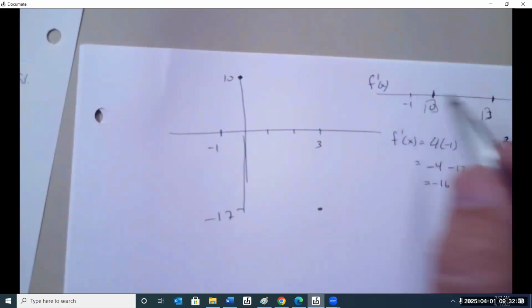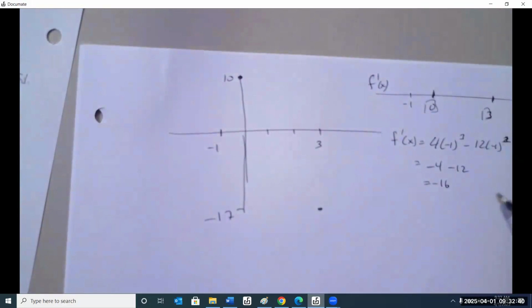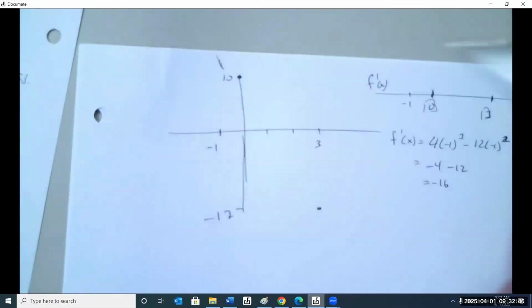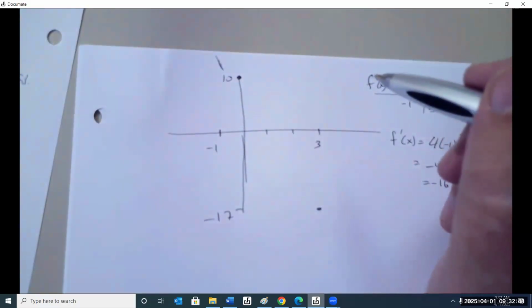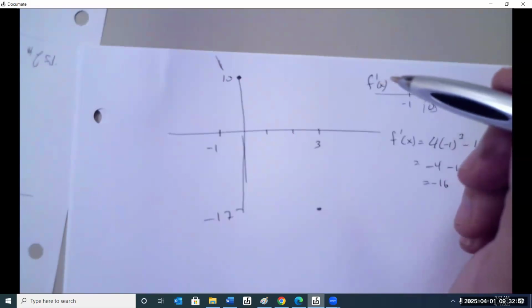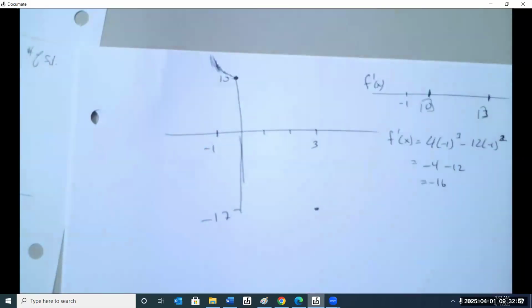So my slope to the left of 10 is going down. So it's got to be going down to this one.